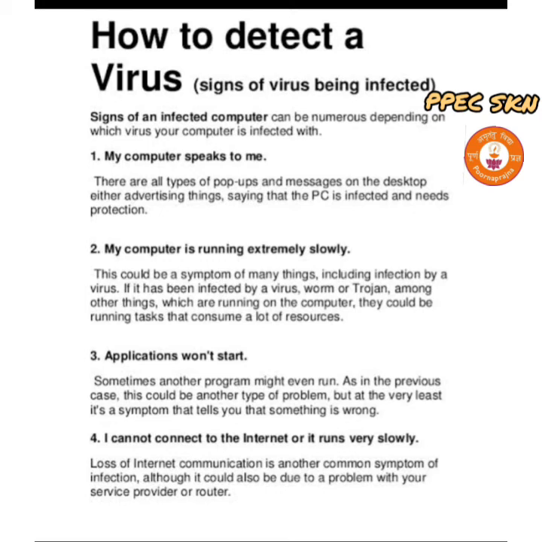The computer starts working extremely slowly. Some applications that were working previously are no longer working. Then also you can understand some virus has affected your system. Then the internet, your network signal and everything is fine, but the internet is still working very slowly. Sometimes some functions won't work. Like that also we can identify a virus has affected your system.